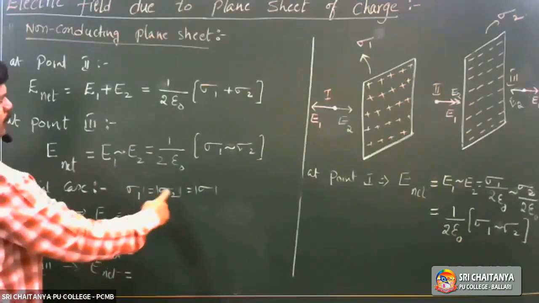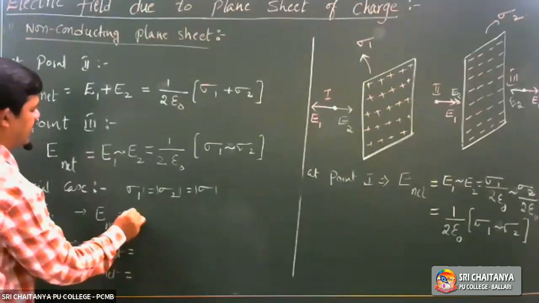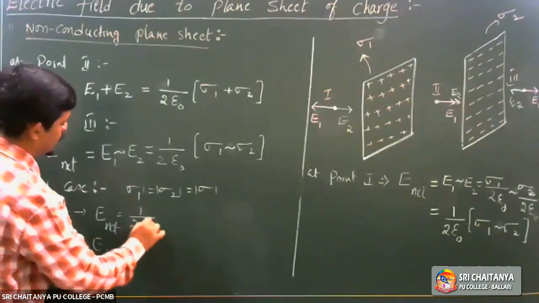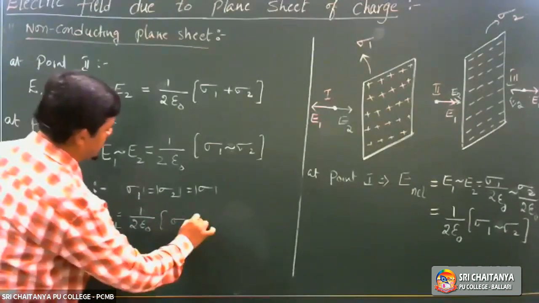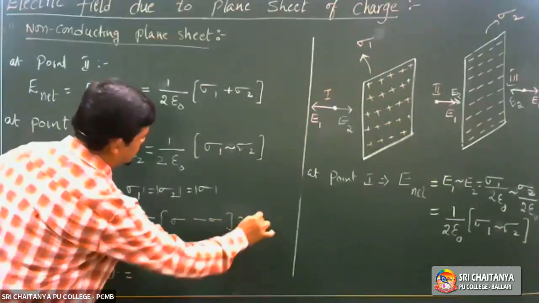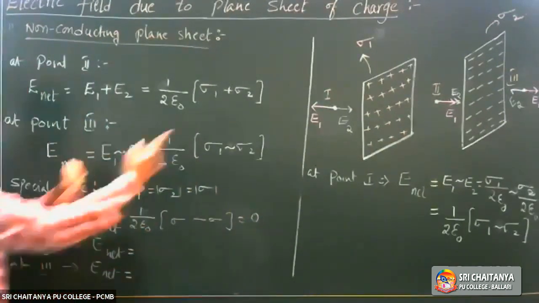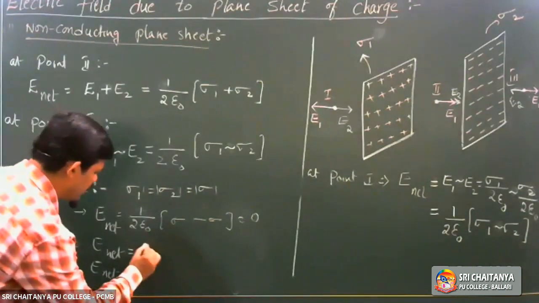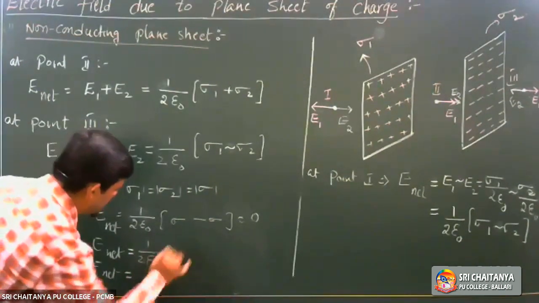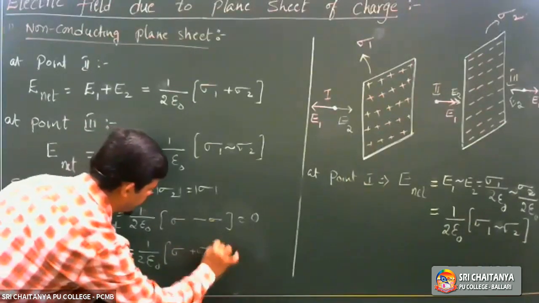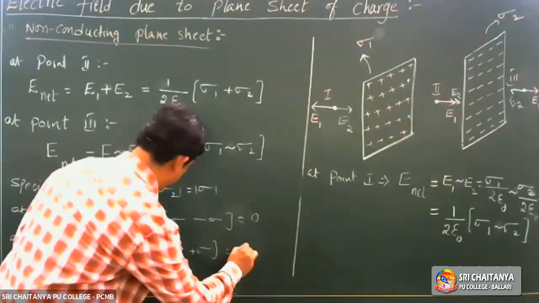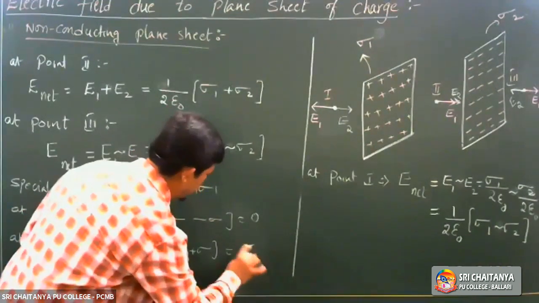Whenever these two are the same, the difference comes as 1 by 2 epsilon naught, sigma minus sigma, 0. Wherever opposite, 0. In the same direction, they add up. At point 2, they are adding up, so 1 by 2 epsilon naught, sigma plus sigma, which is sigma by epsilon naught.